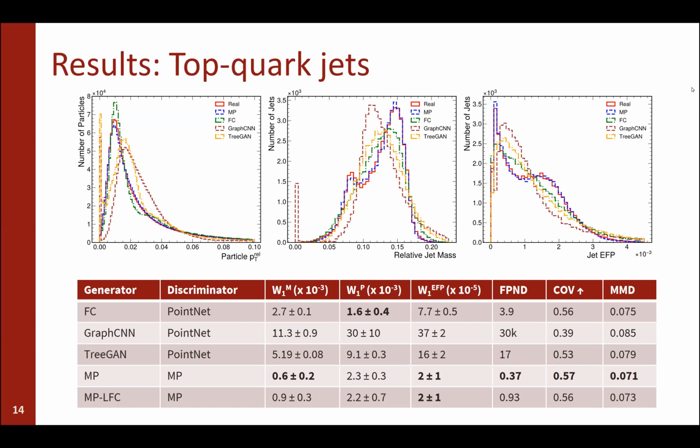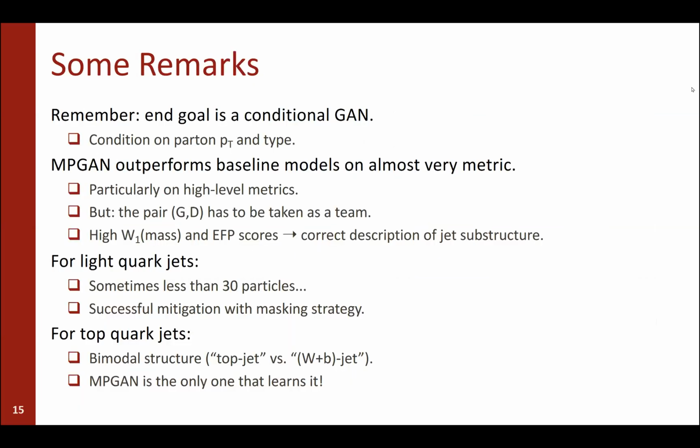Slide number 15, please. Some remarks. Remember that the end goal of this is to have a conditional GAN. So of this we cannot, of course, escape. We have to condition on what's the parton, what's the PT of the parton, and what's the type. All these results that I showed you are for partons of 1 TeV PT. And as already said, the message passing GAN outperforms the baseline models in almost every metric, with the caveat that you have to take the pair as a team.